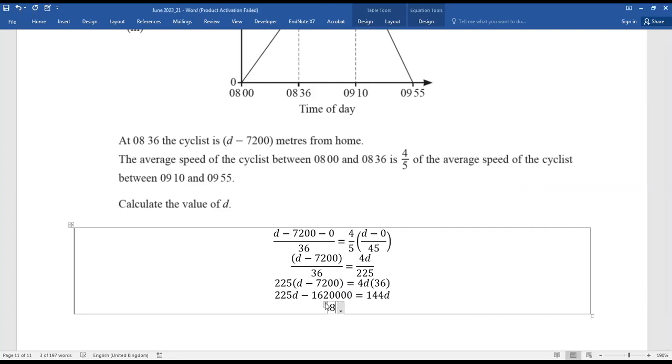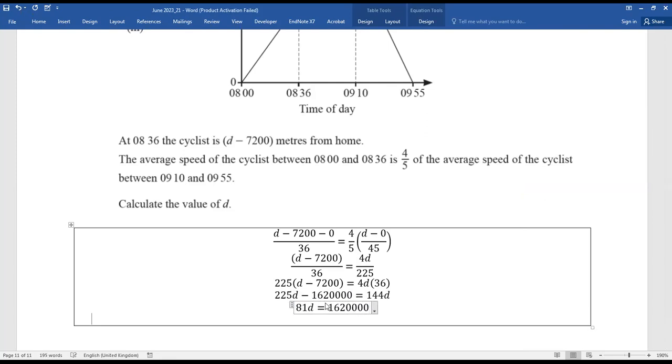So 81d is equal to 1,620,000. So d is 20,000.